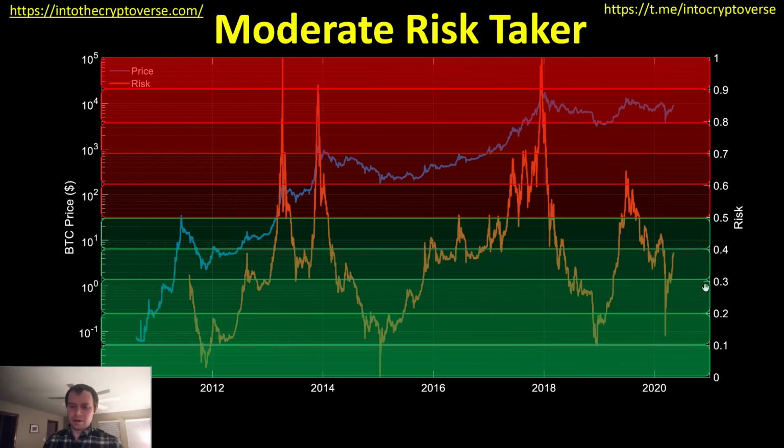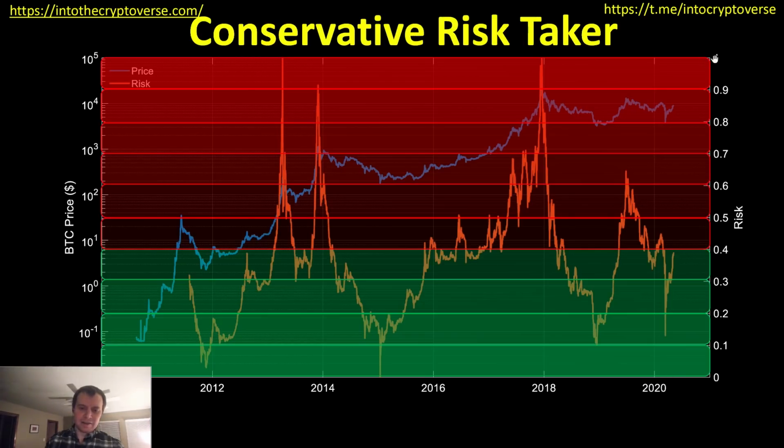So the idea here with the different risk levels is to go between 0 and 1. For me, a moderate risk taker, it would correspond to buying between 0 to 0.5, and then selling above 0.5 all the way up to 1.